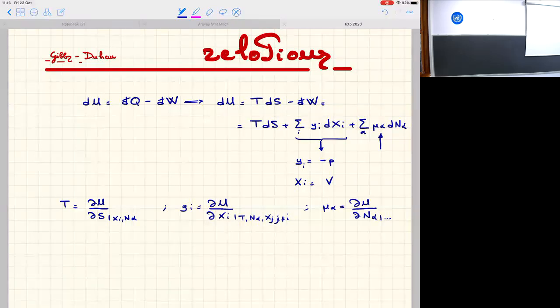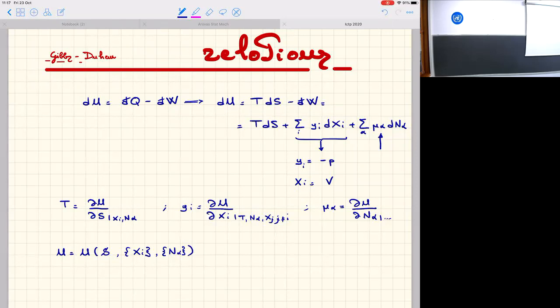Now, I notice the following thing: from this way of writing things, the internal energy is a function of the entropy, of the various x_i, volume, magnetization, total dipole moment, etc., and the various n_alpha. Now all these variables are extensive, right?